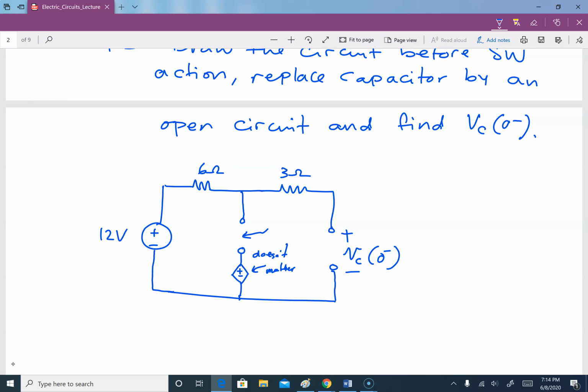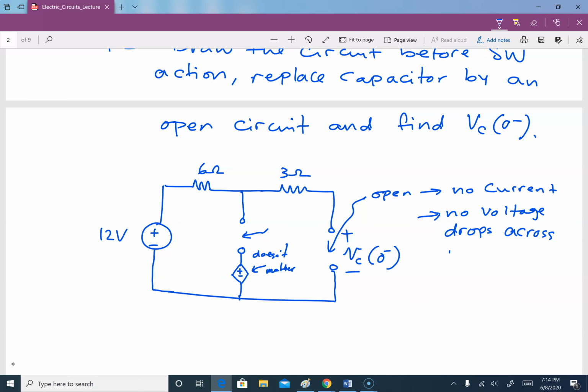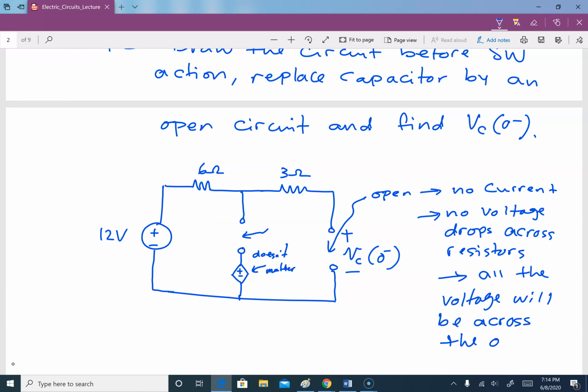So in this case, if you look at VC of 0 minus, that is open, no current, which means no voltage drops across resistors, which means that all the voltage will be across the open circuit.